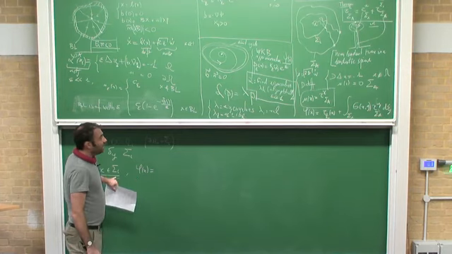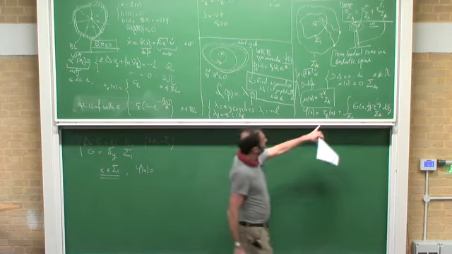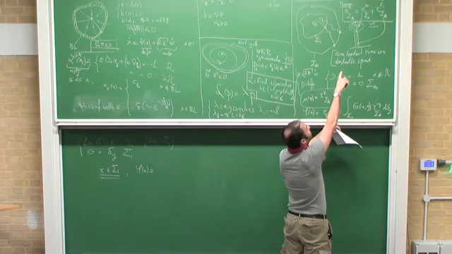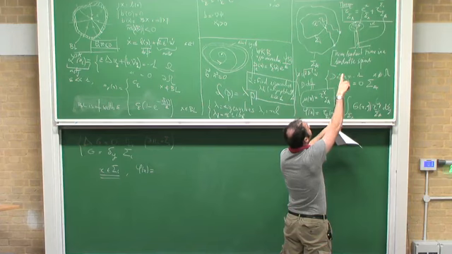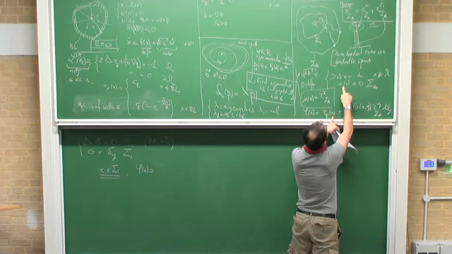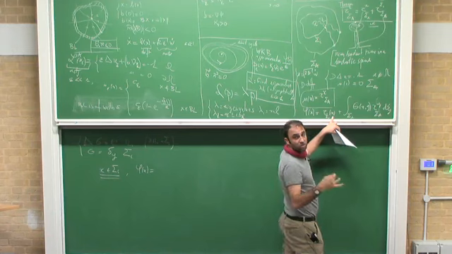So the mean first passage time to a point, by definition, this is the mean first passage time to sigma I. So this is exactly this, but u of x equals 0 on sigma I.